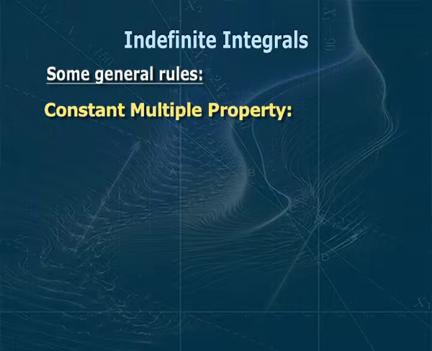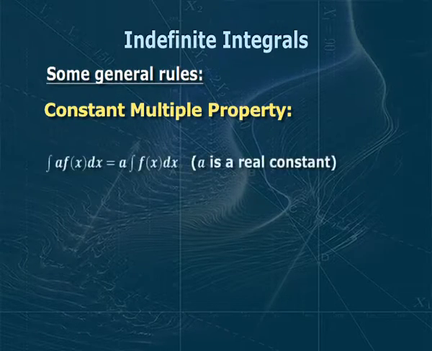They immediately imply the following integration rule: constant multiple property. Integration of a f of x dx is equal to a integration f of x dx. A is a real constant here.